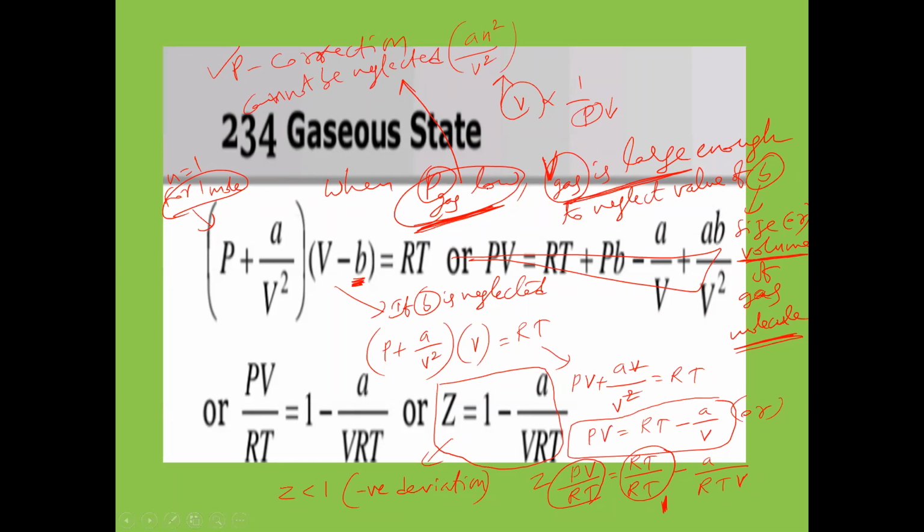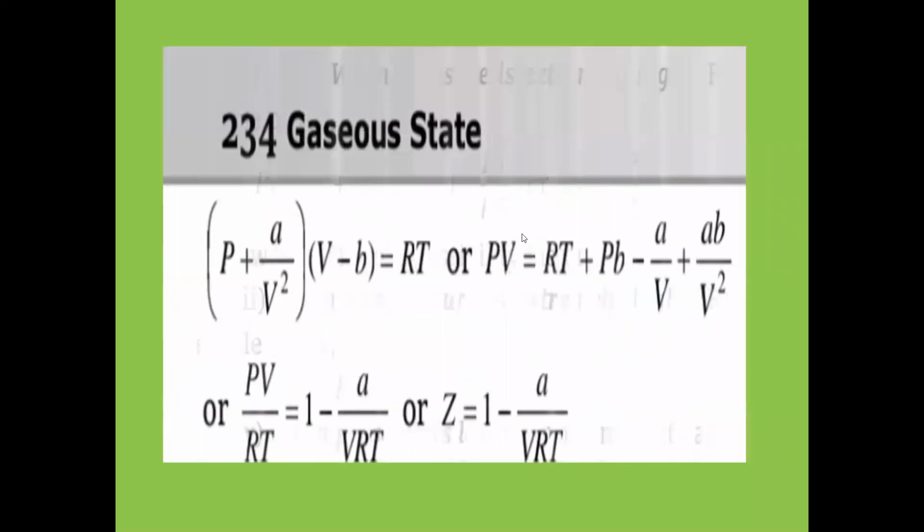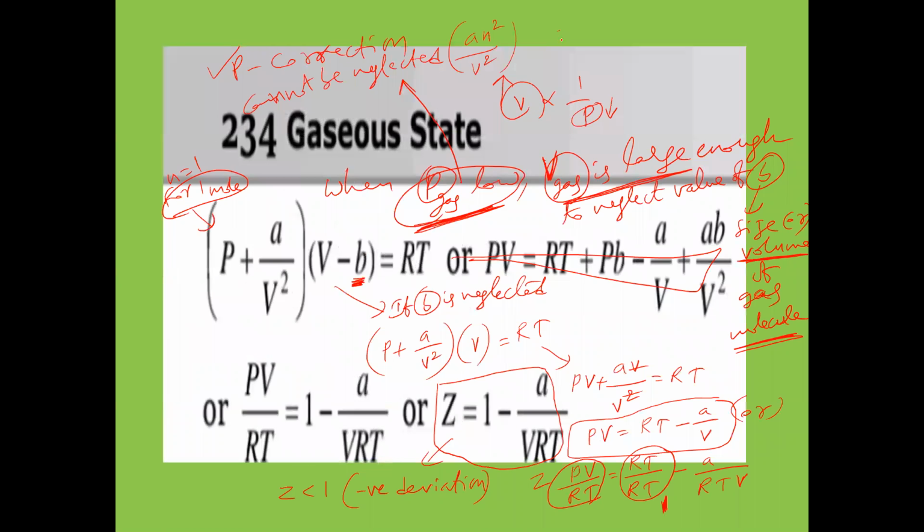This is case 3 we are studying. Next case is case 4. What have we taken in case 4? When pressure of gas is low, what is the condition here?